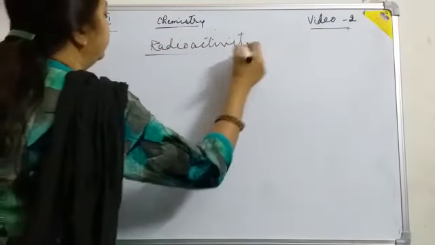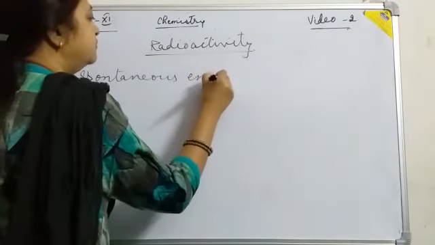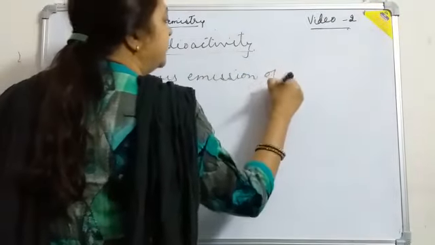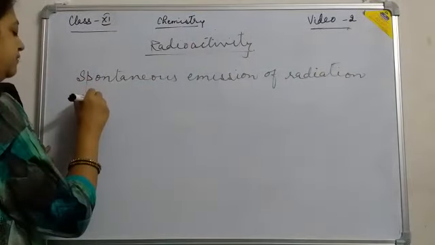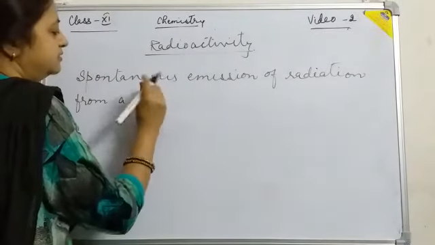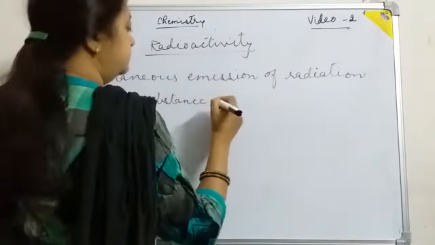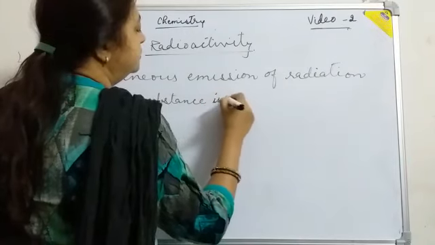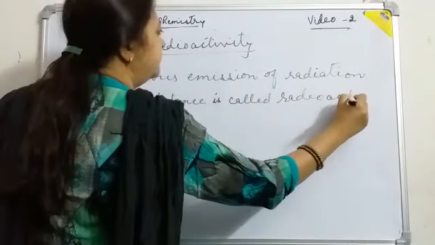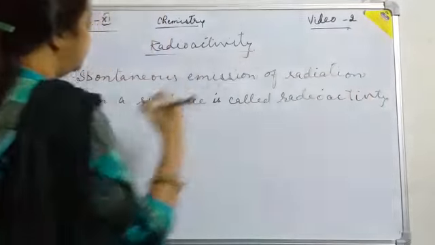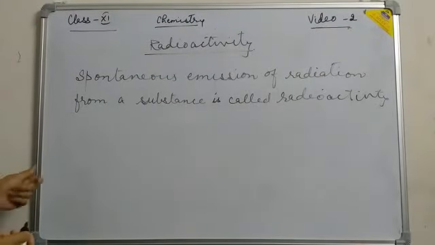Spontaneous emission of radiation from a substance or an element is called radioactivity, and the substance is known as radioactive substance, like uranium, polonium, radium, etc. are radioactive elements.